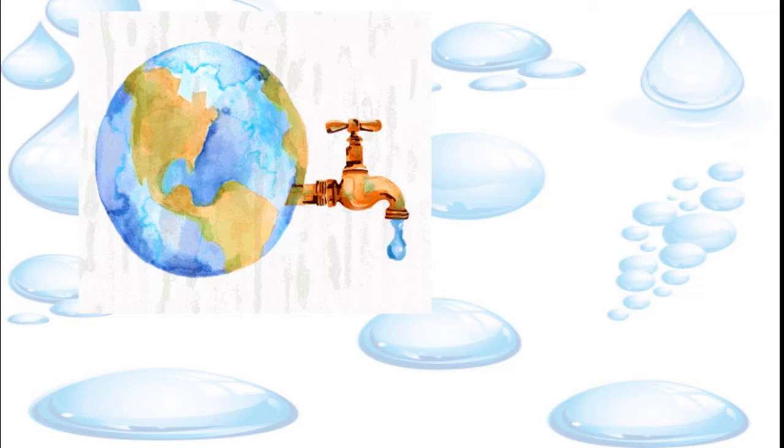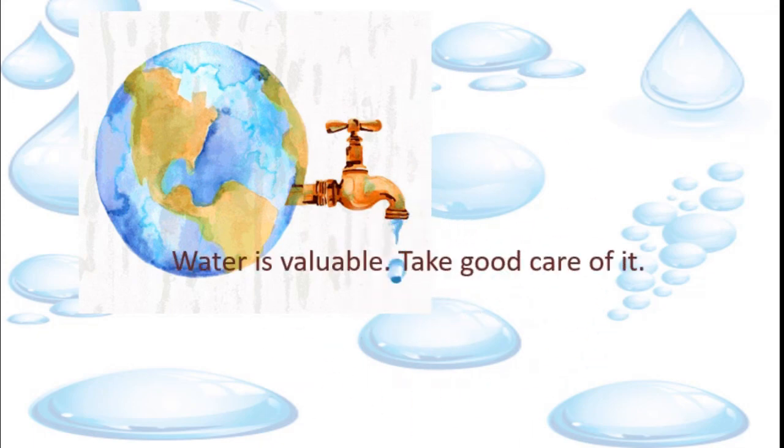A lot of money is spent on this work. Hence, potable water proves to be an expensive substance. We must take care of water just as we take care of our other valuables. Yes, dear students, so water is valuable. Take good care of it.